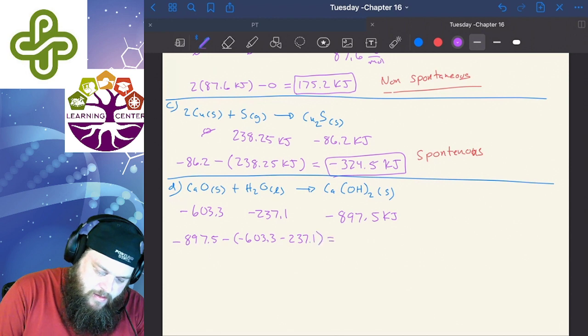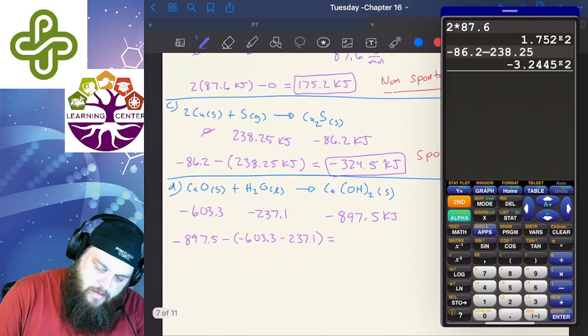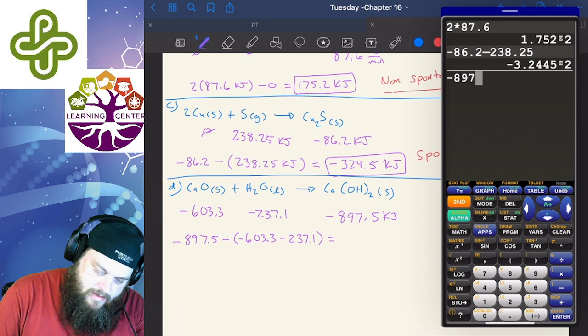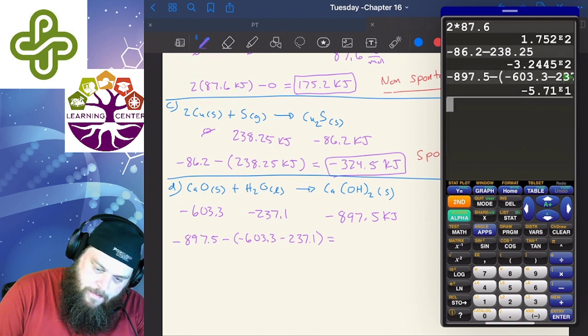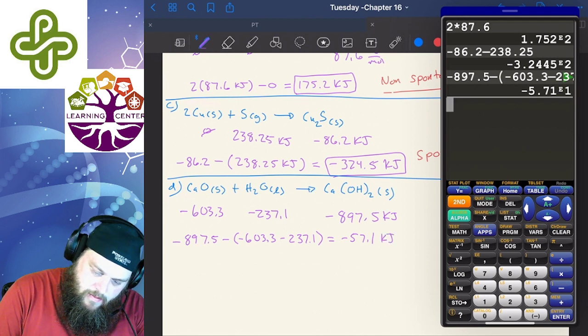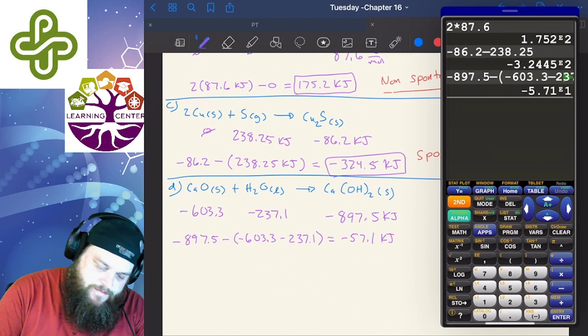So that's negative 897.5 minus negative 603.3 minus 237.1. That's going to be a negative 57.1 kilojoules.